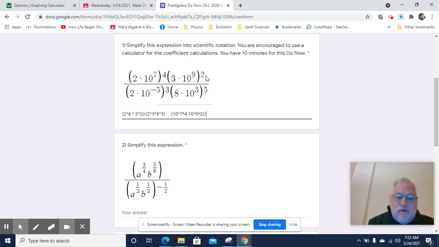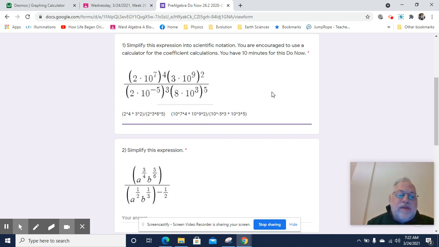And that's all over 10 to the negative 5, which I'll put in parentheses just to keep it organized, to the negative 5 times 3. That's also to the 3rd power. Times 10 to the 3 times 5. I'm going to put a little asterisk indicating multiplication there too.